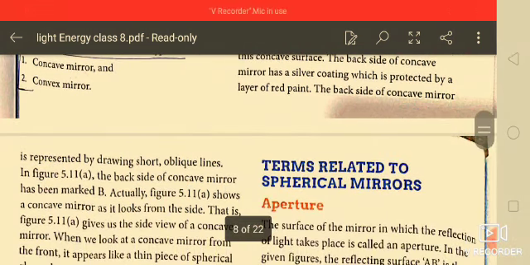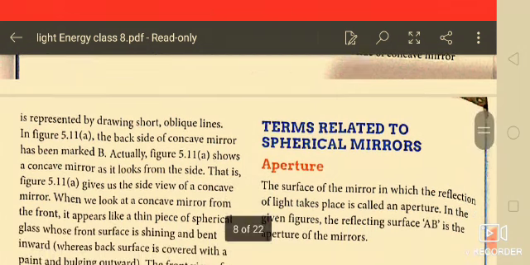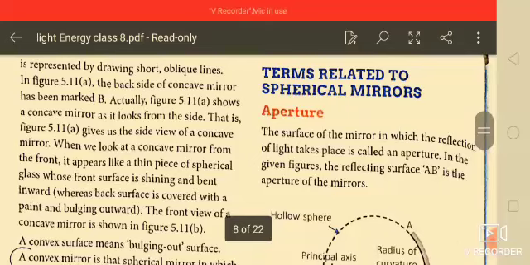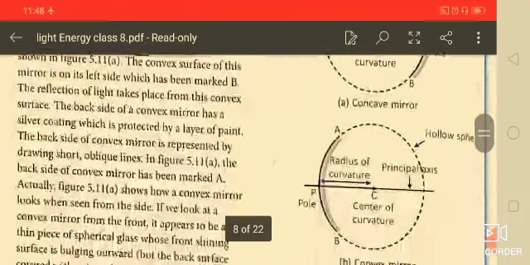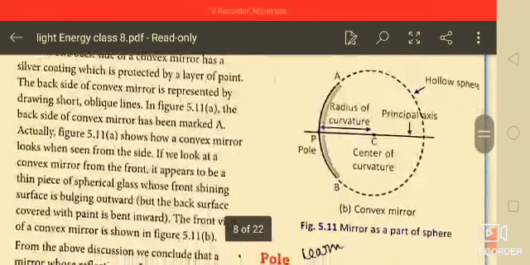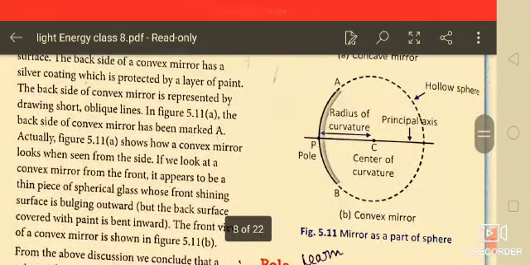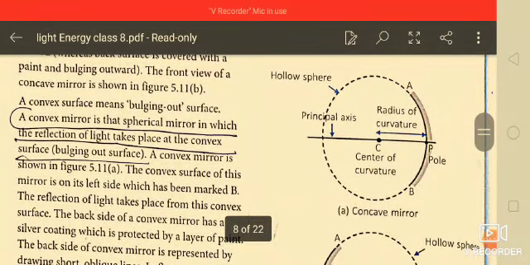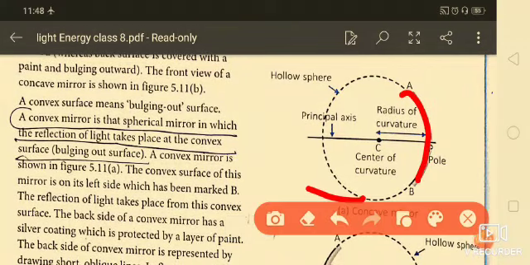Now the back side of the concave mirror is represented by drawing short oblique lines, as shown here in 5.11. This one is the concave mirror you are seeing, and here polish is there.